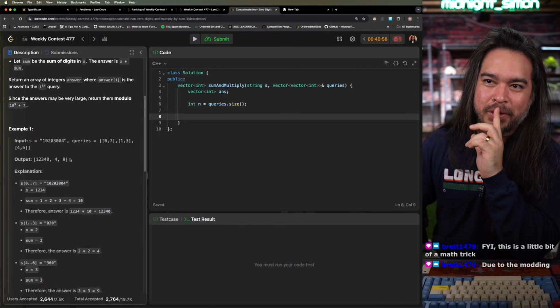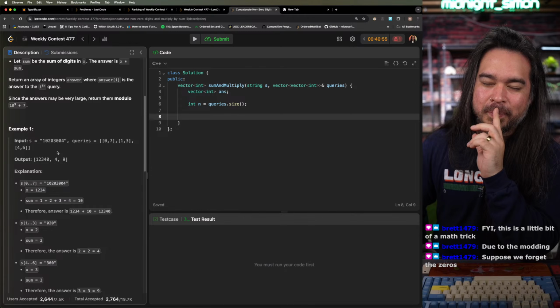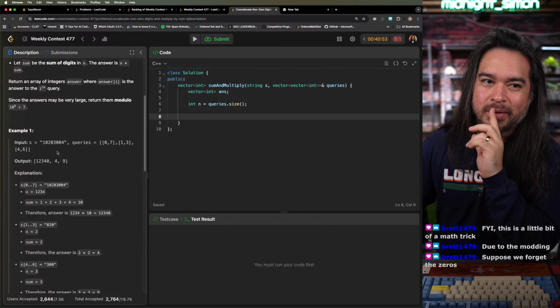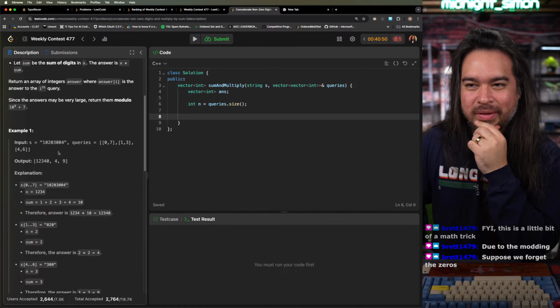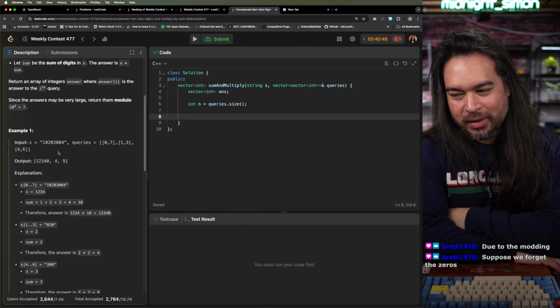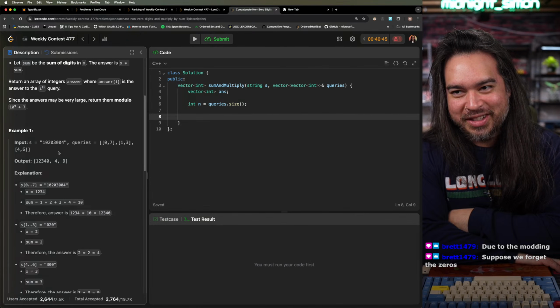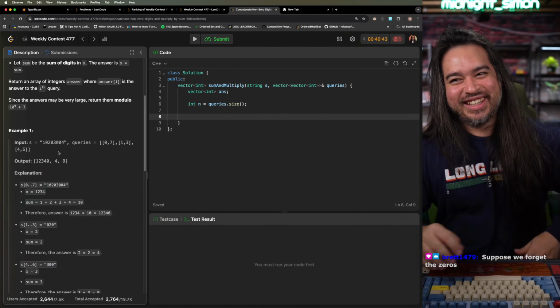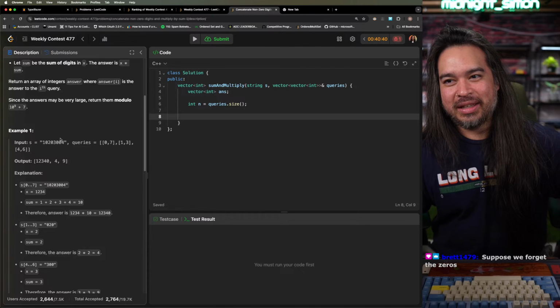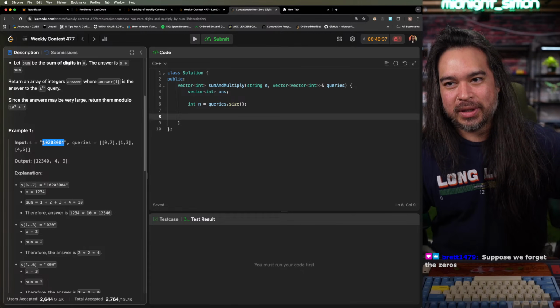But I think this problem is too hard for me. Suppose we forgot the zeros. Alright, if we forgot the zeros, it's still too hard, because I know the substring is not going to work. And then how do I grow that number? You grow it by multiplying it by 10 every time you add a digit.